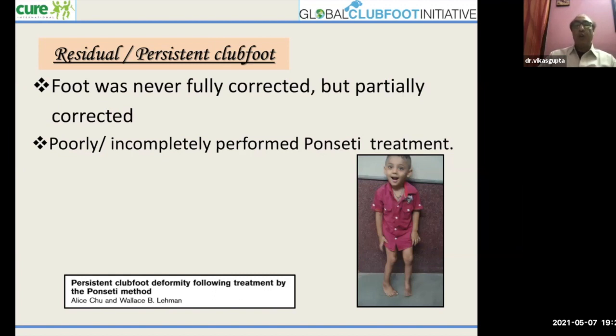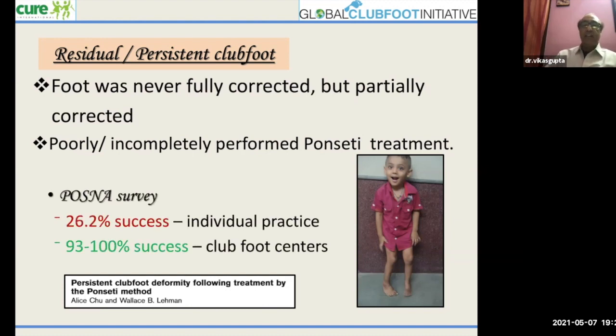And this has been proved also in a study done at POSNA, where they found that in individual practice, those who are not very familiar with the Ponseti technique, the success rate was just 26.2%, versus in the clubfoot centers, those who were following the Ponseti method in its proper way, the success rate was quite high, varying from 93 to 100%. So this shows that the Ponseti method, though easy to learn, may not be applied in a similar way by all of us.